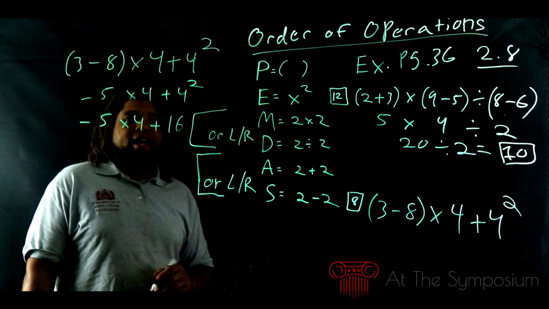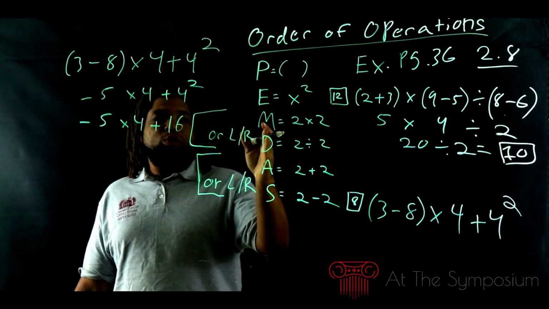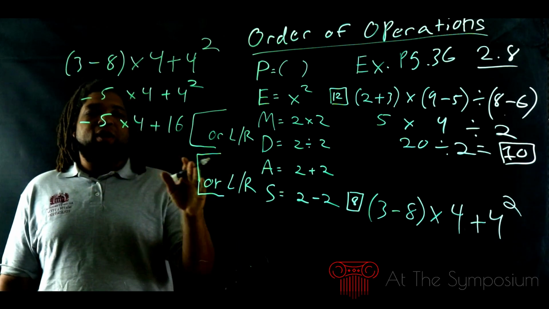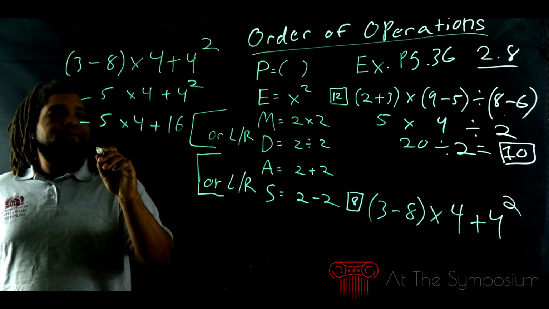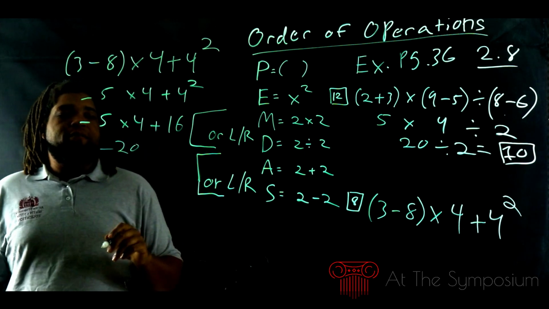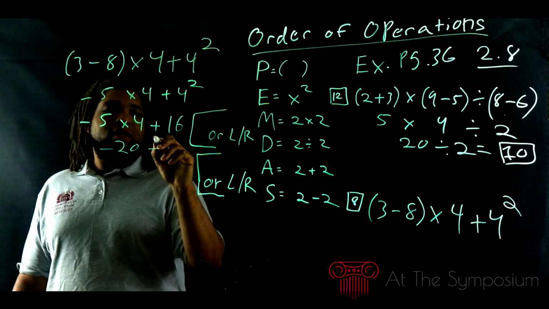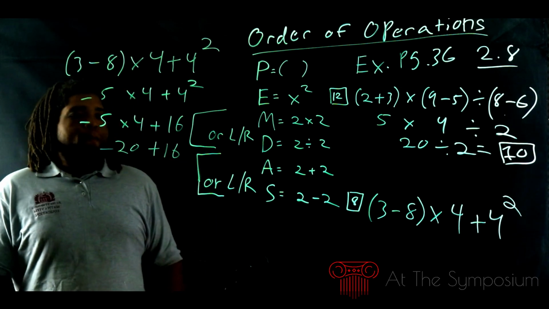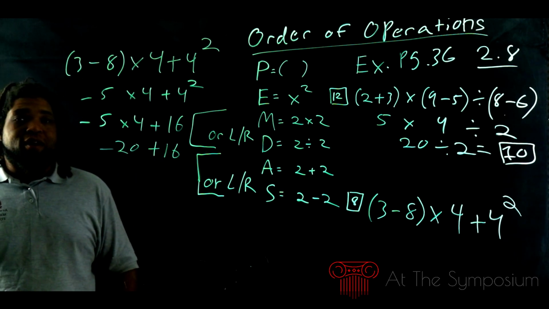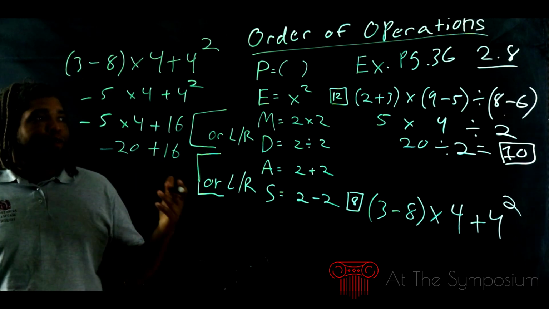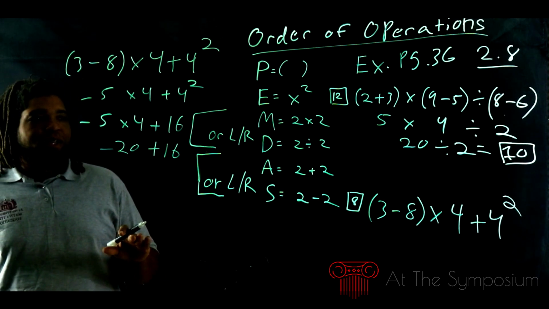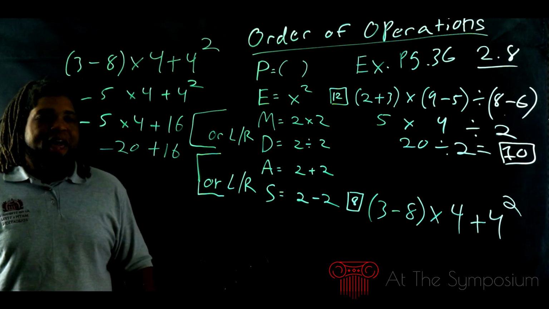So now again, we're in the same situation. We've got to figure out multiplication, division, addition, and subtraction. Again, we go from left to right. So multiplication comes first. So negative 5 times 4 is negative 20, plus 16. Now we're using something we learned yesterday, which is important, right? This is why we have these building blocks, because we're going to incur some of these steps cumulatively. Math accumulates on itself.